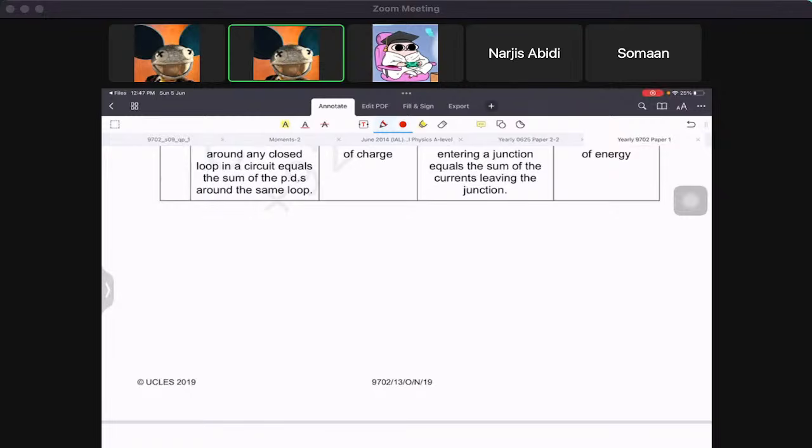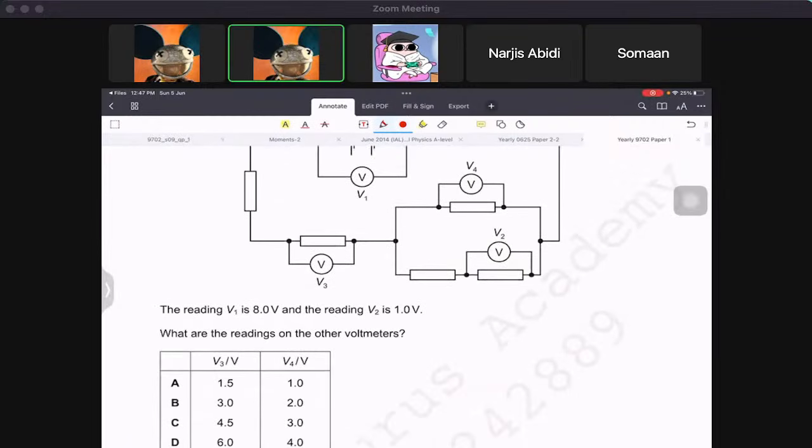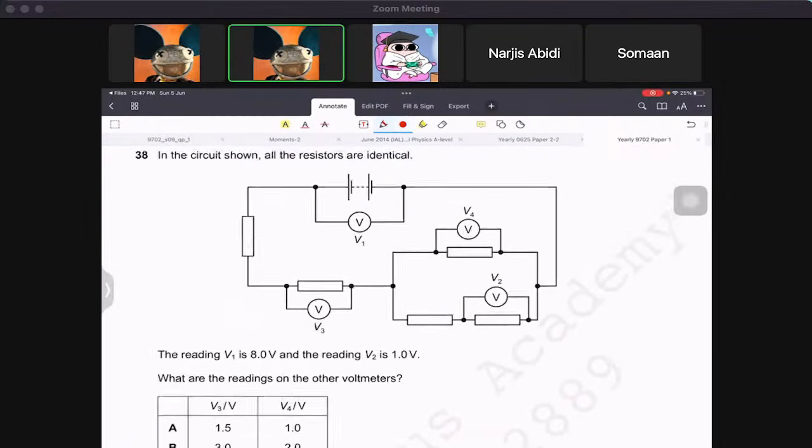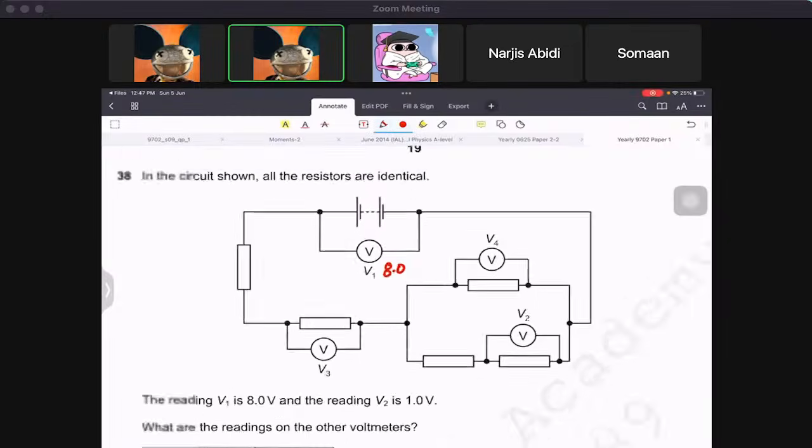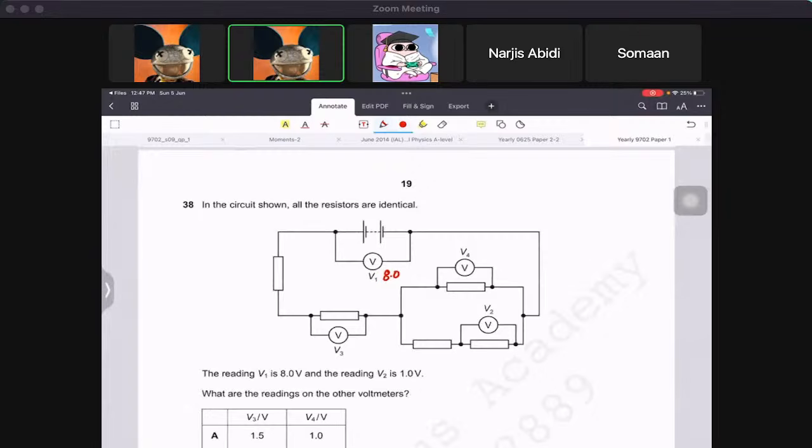Okay, now the reading in V1 is 8, and the reading in V2 is 1. What are the readings on other voltmeters?